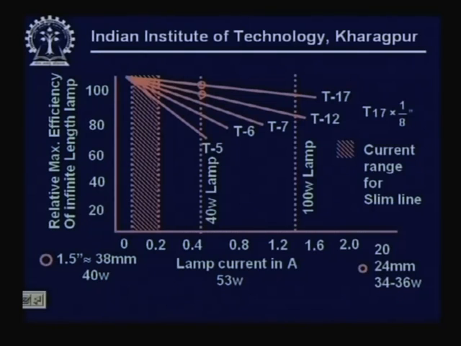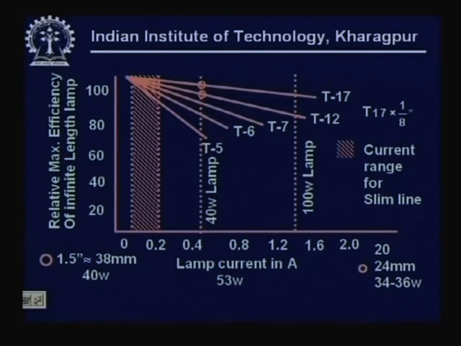Of course, this figure supposes the operating voltage is around 110 volts. That is when you get this kind of current levels which are shown. See, it is around 1.4 amperes for 100 watts and 0.5 amperes for 40 watt lamp, and there is a shaded zone.